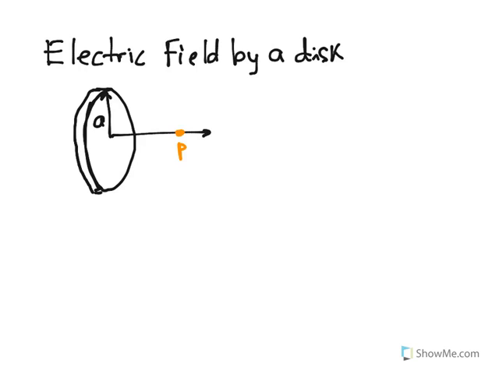There is going to be a radial distance r, and so on and so forth. From the center of the disk, point P is located at a distance x.